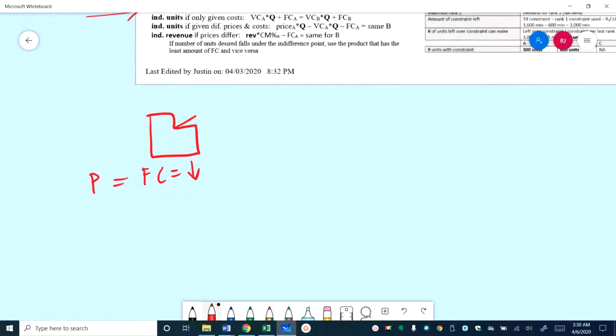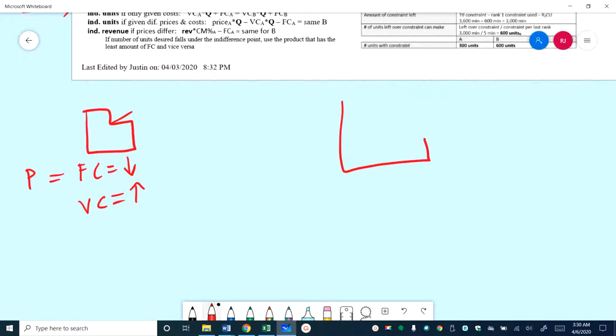However, the price it takes to make each page is relatively high because it's very inefficient. And then you have a very large printer, and the price is very high. It's at like $1,000. Therefore, the fixed costs are very high. However, the price to make each page, because it's very efficient, is very low.